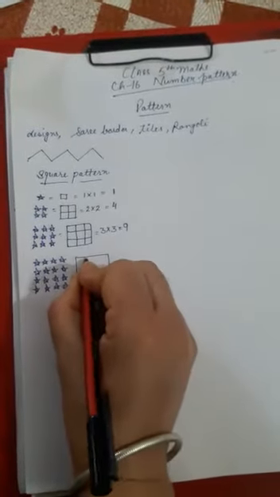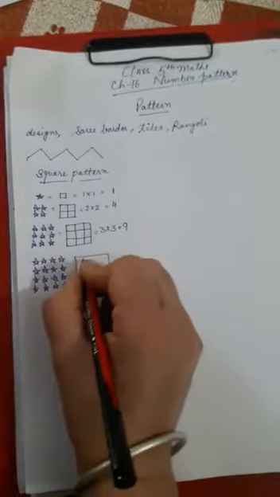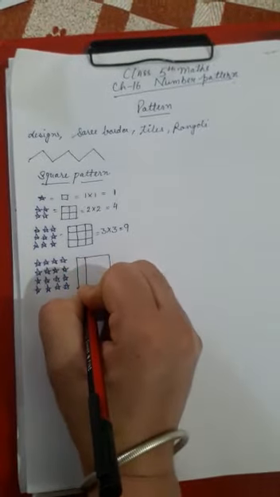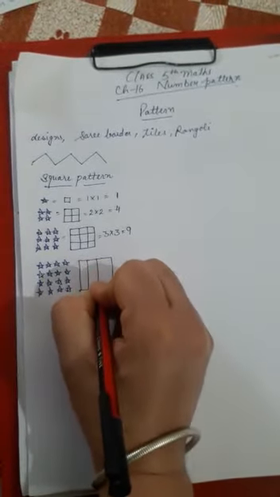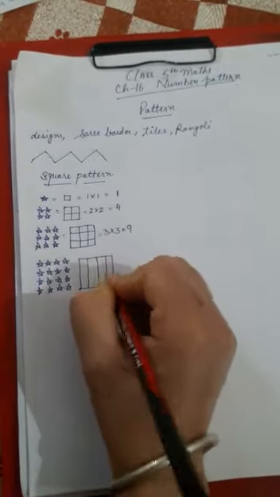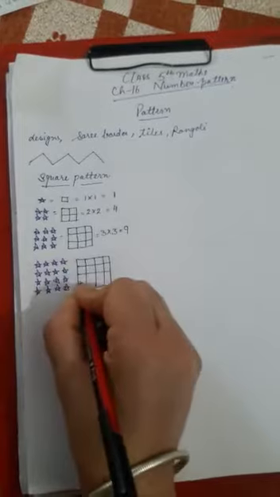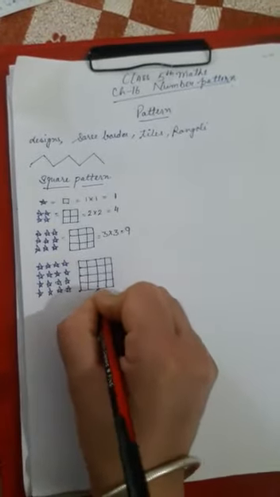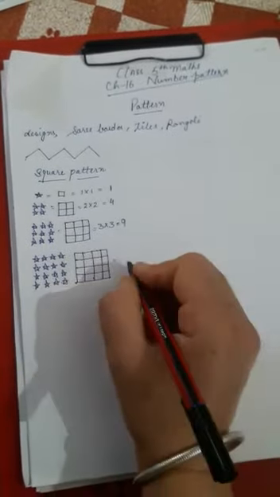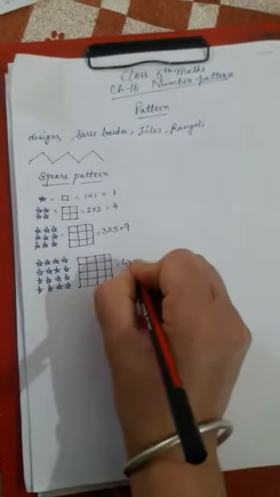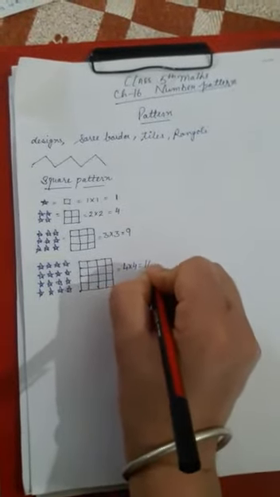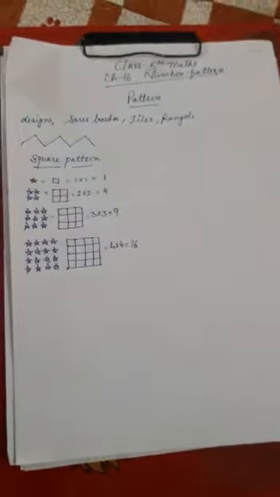Now divide this big square into 16 small squares. 1, 2, 3 and 4. Now this is equal to 4 multiply 4 is equal to 16.